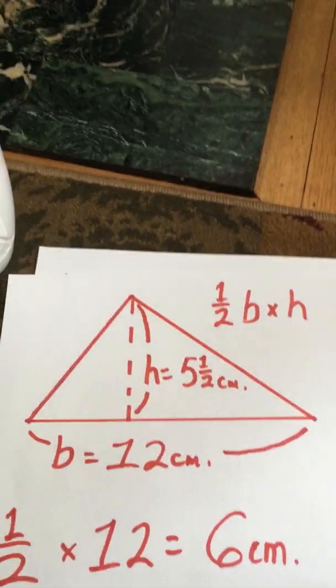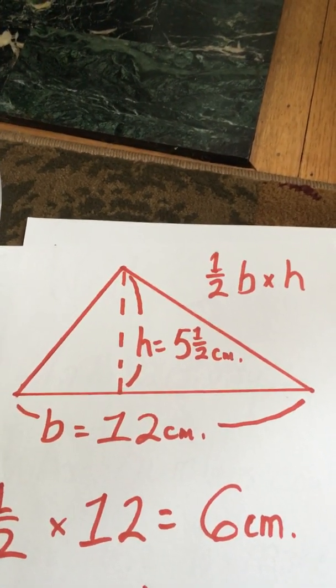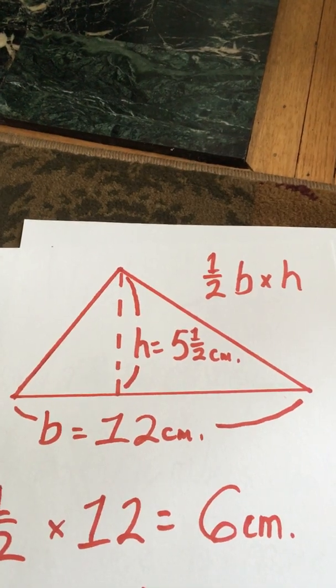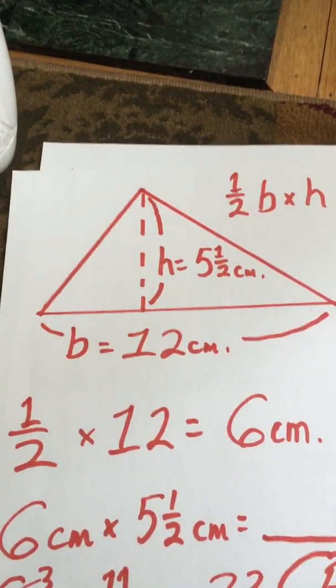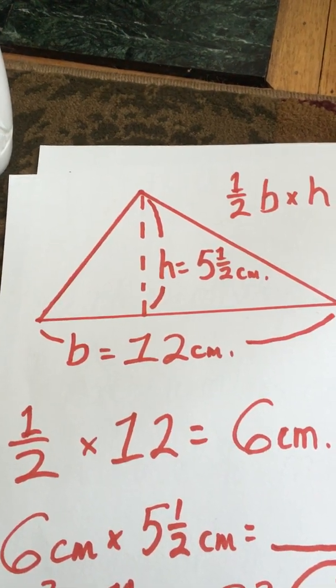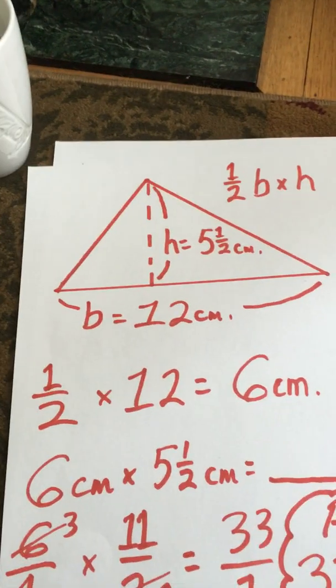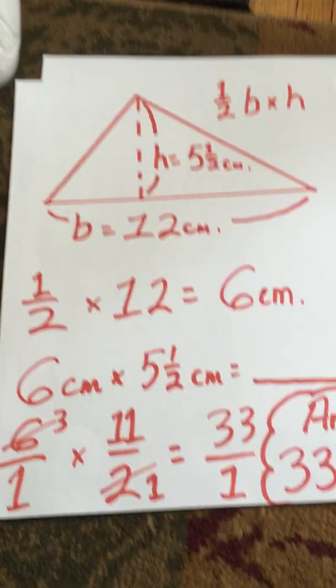So, for example, let's take a look at this triangle here. The height is 5.5 centimeters. The base is 12 centimeters. We're going to take that base and simply multiply it times 1/2. That also means you can cut that distance in half, so that's a pretty easy calculation. It's 6 centimeters. Okay, then you go ahead and take your 6 centimeters and multiply it times 5.5.